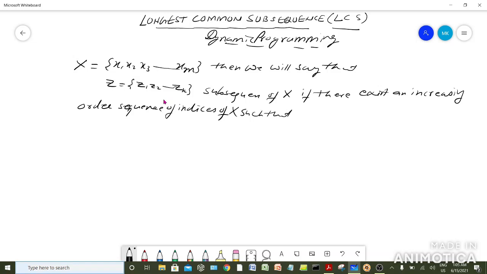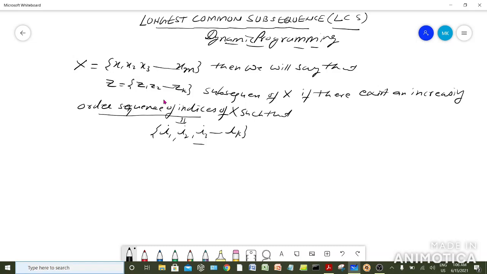such that, let these indices be I of 1, then I of 2, then I of 3 and I of k. Let this be the increasing order of indices. Fine.